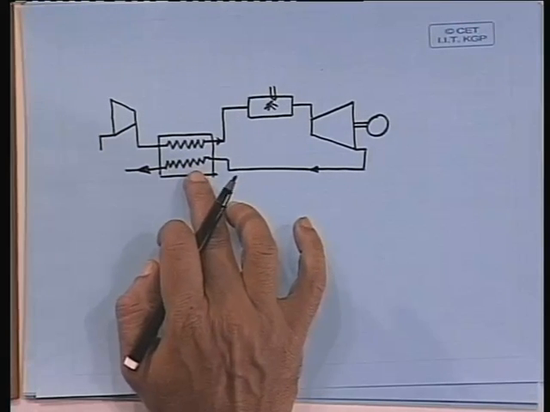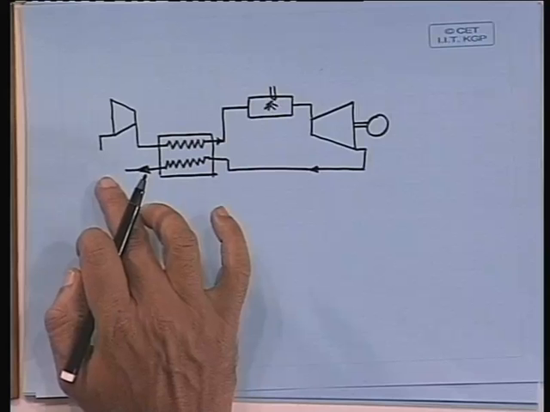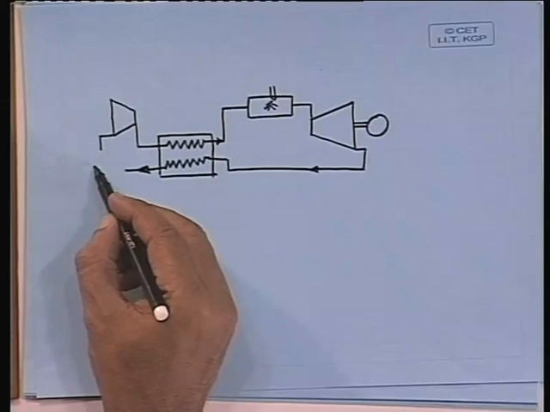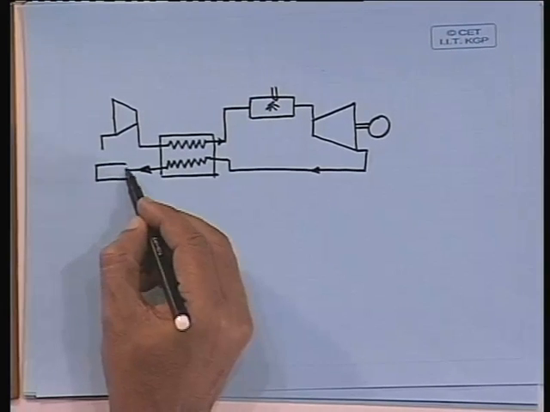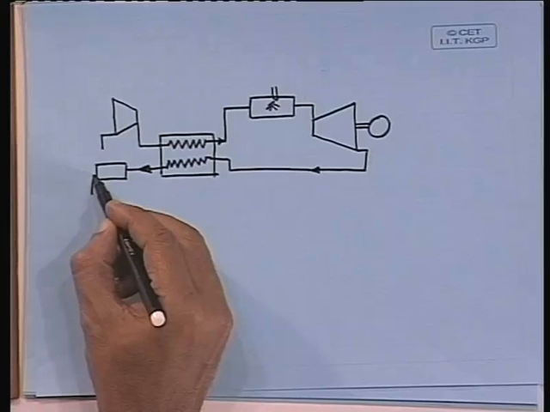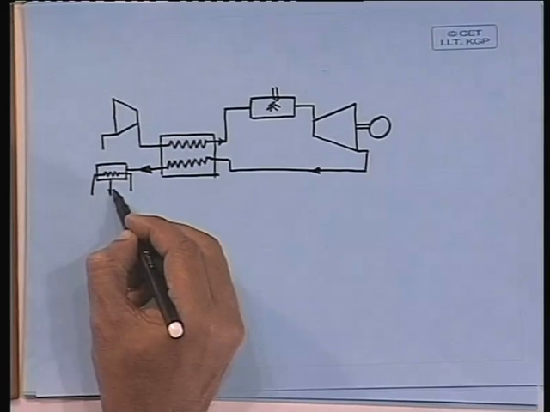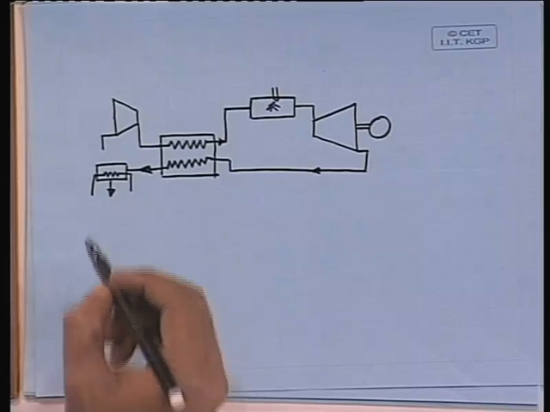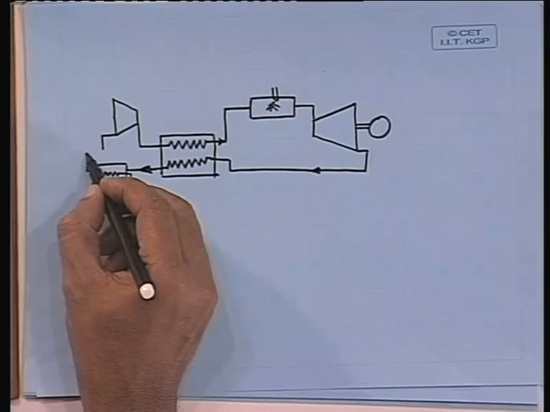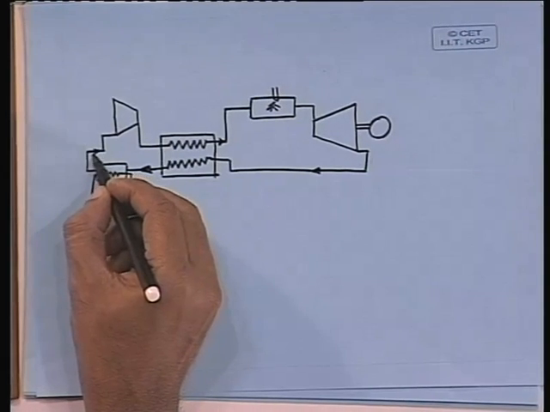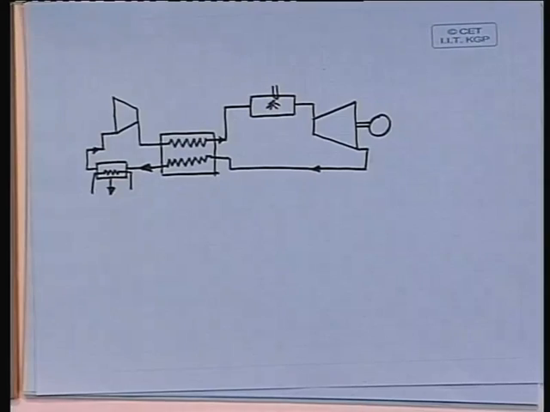After this, this is again going back to the, this is one unit where you are rejecting heat, and after that it is going to the compressor. If we show a closed unit, it will be like this.